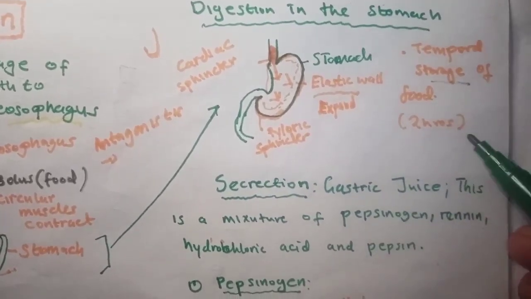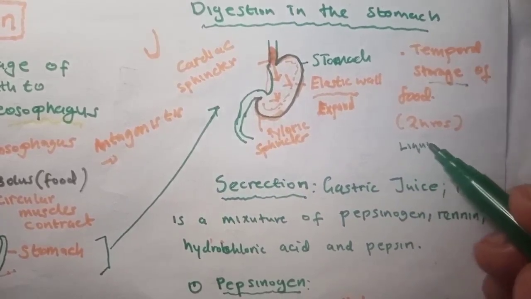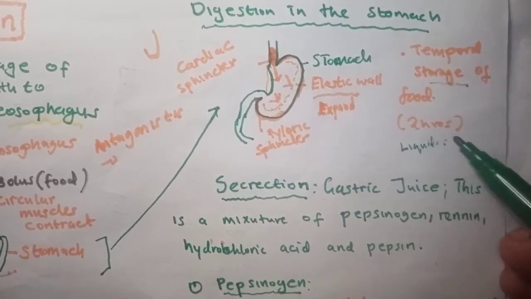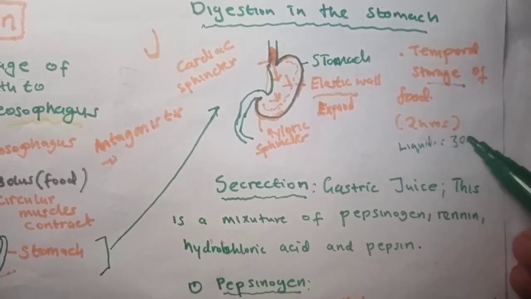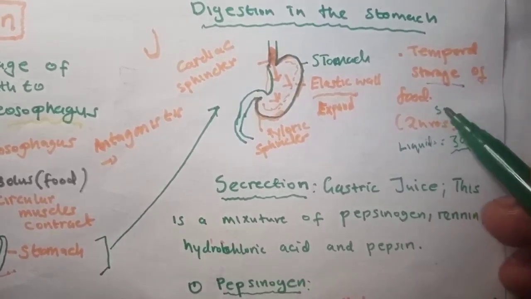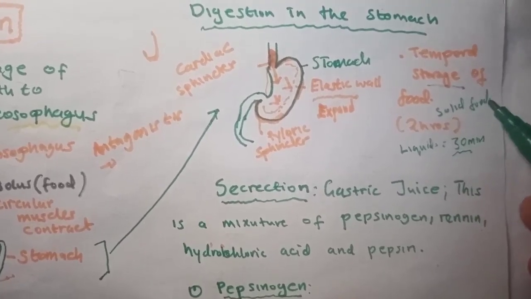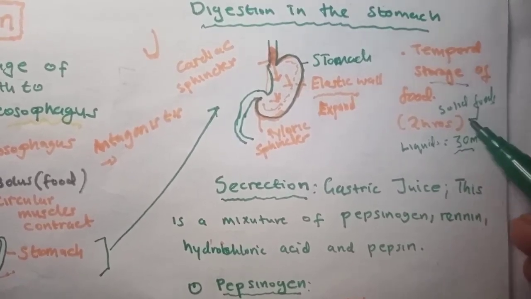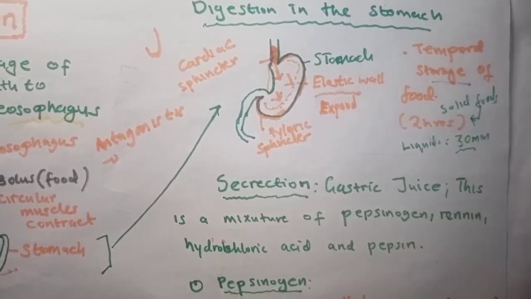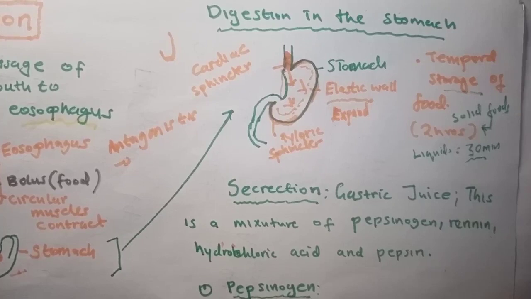But liquids can stay in the stomach for up to 30 minutes. This is for solid foods, which stay up to 2 to 3 hours. So that's the function of the stomach, to store food temporarily.